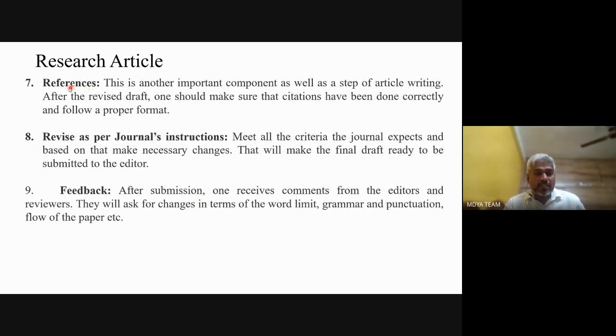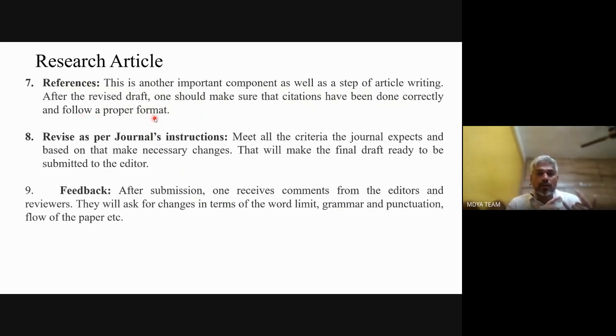Next is references. References means the literature you have read and included in your research article, research paper, or whatever the writing is. You have to mention the references in your research article in the form of citations. This is another important component, as well as a step of article writing. After the revised draft, one should make sure that the citations have been done correctly and follow a proper format.